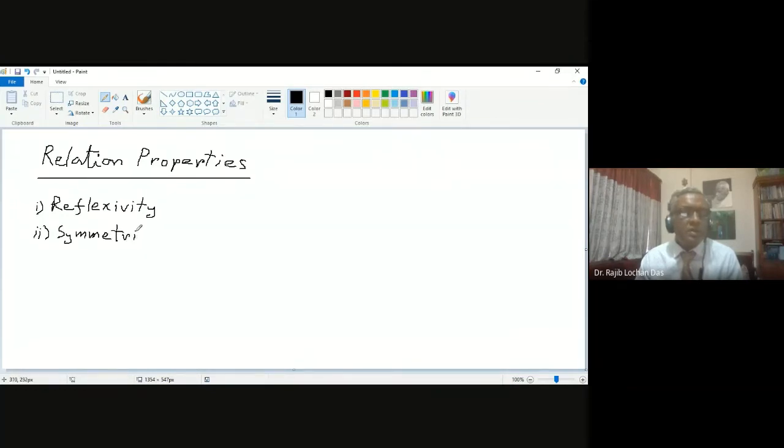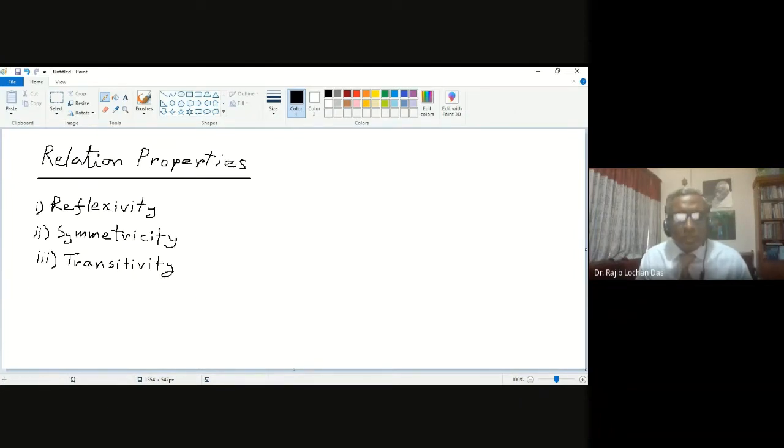And another is called transitivity, the transitive property. So one relation can be a reflexive relation, one relation can be a symmetric relation, one relation can be a transitive relation.